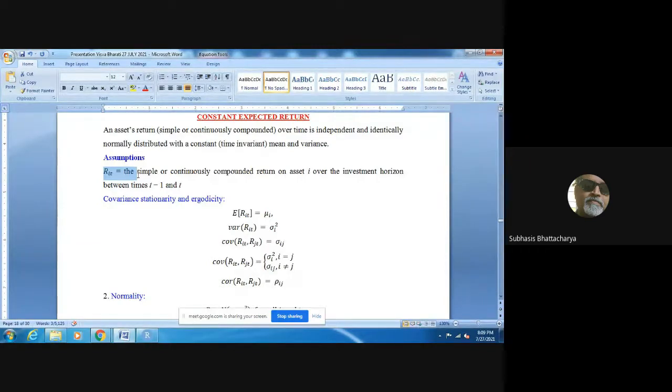We write the covariance and variance assumption in a single equation, that is this one, and the correlation is there.